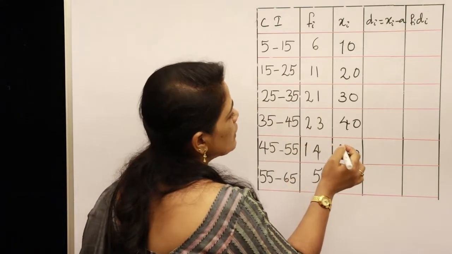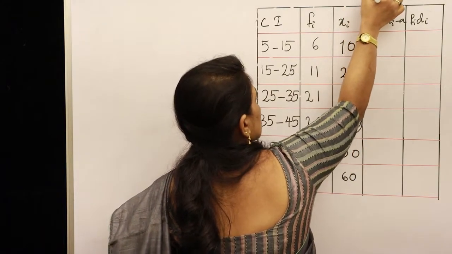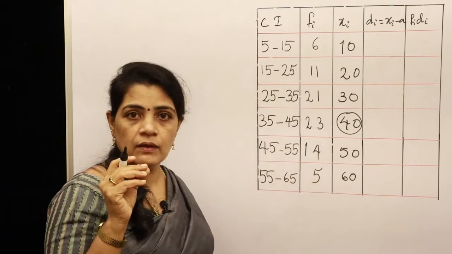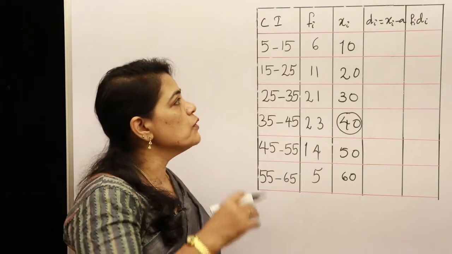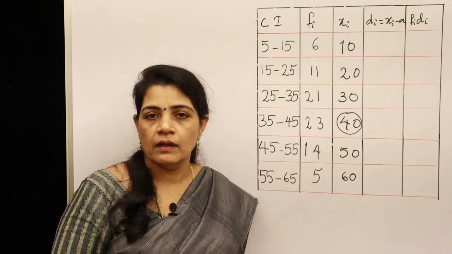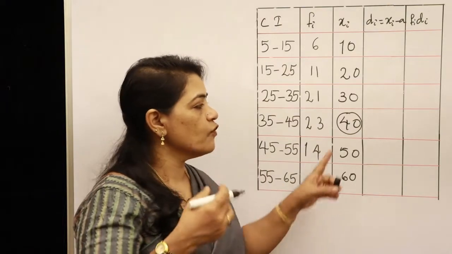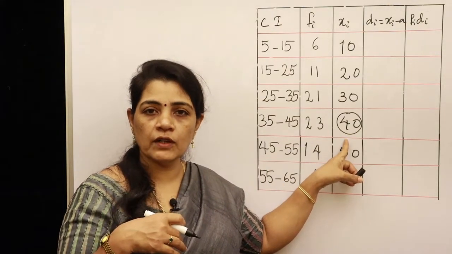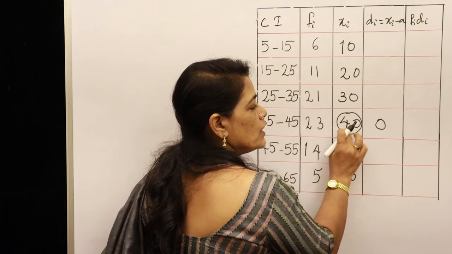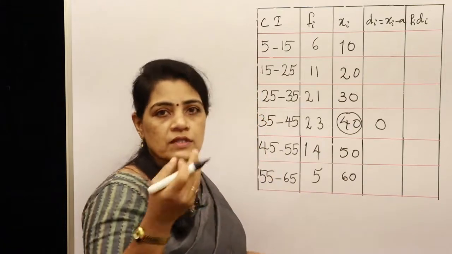After finding xi, we can select one from this xi column and let it be the assumed mean. I am going to take this 40 as assumed mean, so I am going to write over here, A is equal to 40. A denotes assumed mean. In the fourth column we are going to find out the difference between xi and that assumed mean. The first xi is 10, so 10 minus 40. As I already told in exercise 14.1, 40 minus 40 will be 0, above this 0 the entries will be negative, and after 0 they will be positive values.